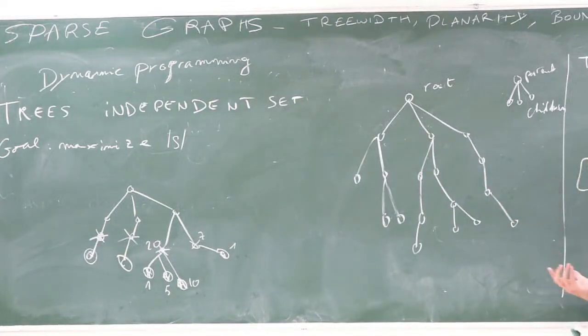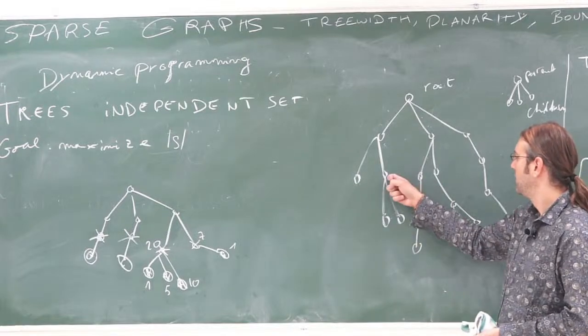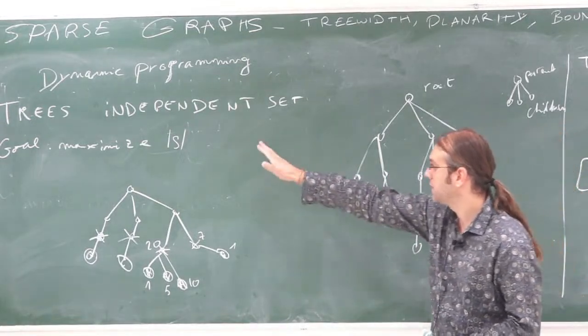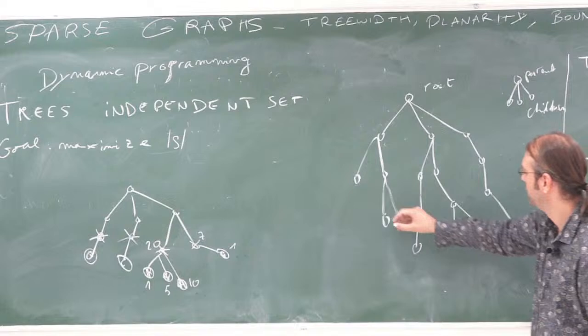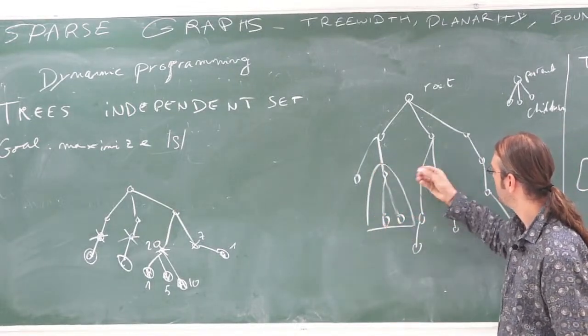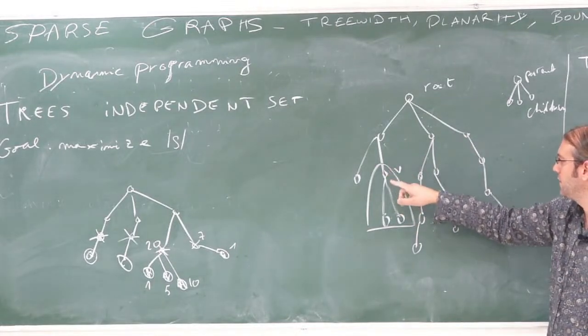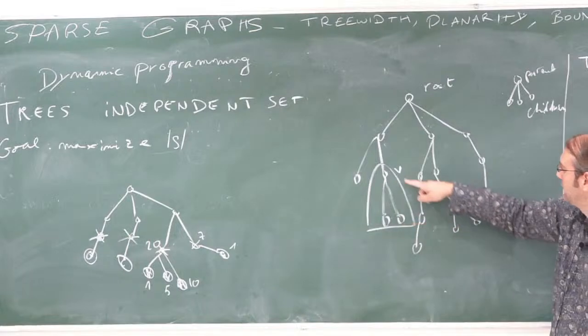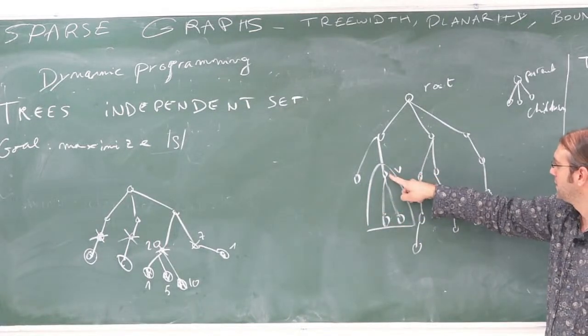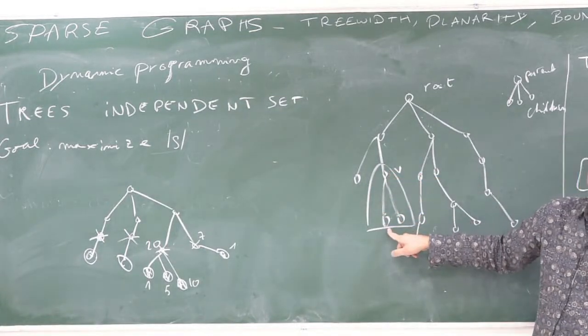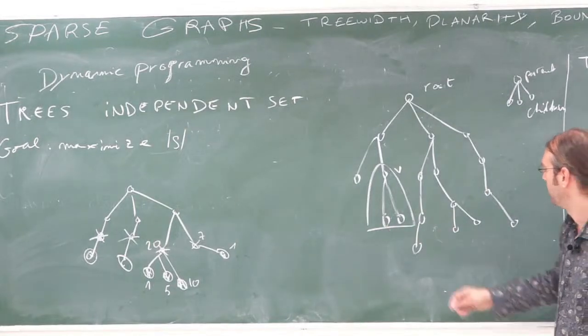So essentially what I will do, I will try to find recursive formula, inductive formulas, to express the largest size. So I'm looking for the largest size of an independent set of a given subtree. So let's say I reach this node V, this vertex V. So I'll compute the functions for this subtree as a function of the numbers for these children's subtrees.